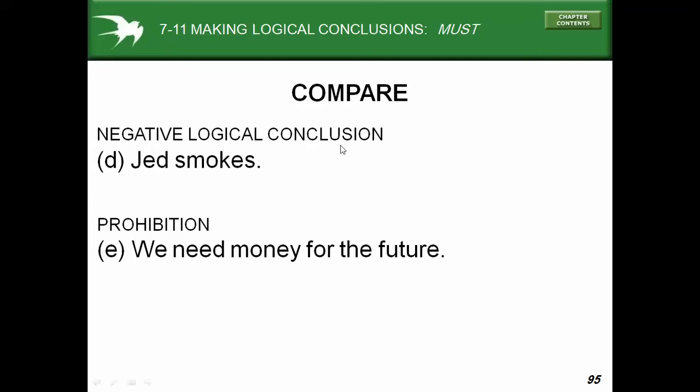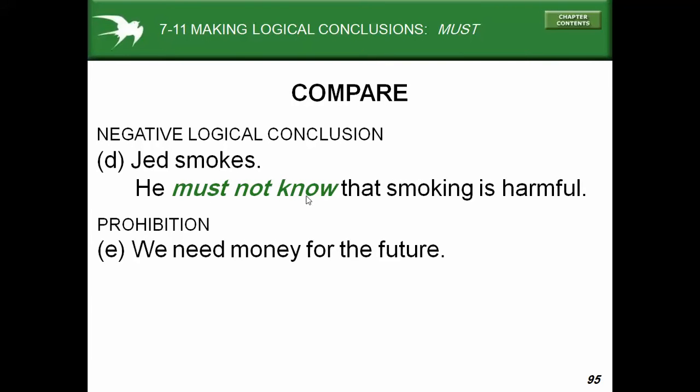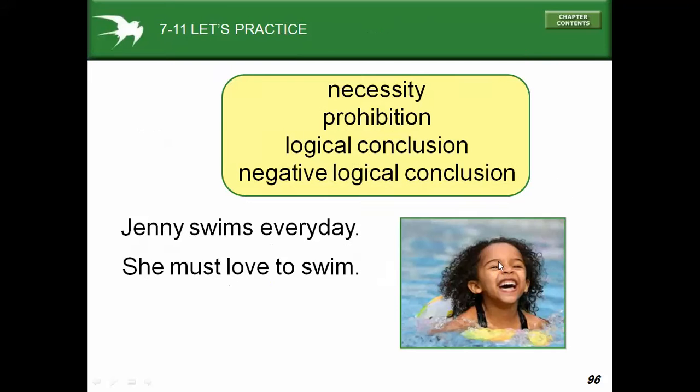Negative logical conclusion. Jed smokes. He mustn't know that smoking is harmful. We need money. We mustn't spend it all now. So: necessity, prohibition, logical conclusion, negative conclusion. Practice with me. Jenny swims every day. She must love to swim.